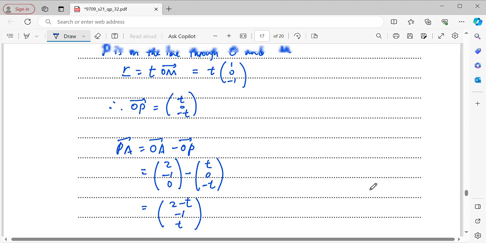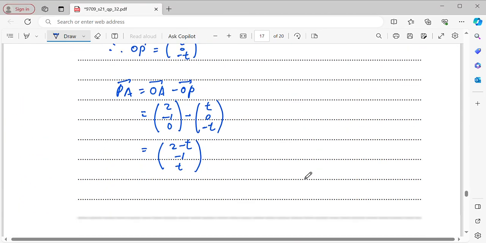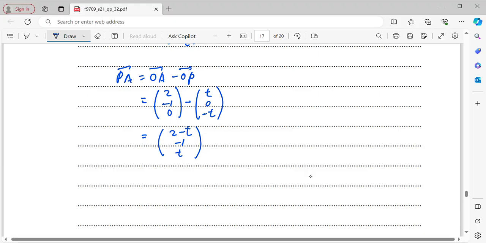Now, when you look at the question, it is the length PA, the magnitude of vector PA. So I need to find the magnitude of vector PA. That is the square root of the square of the first component plus the square of the second component plus the square of the third component.